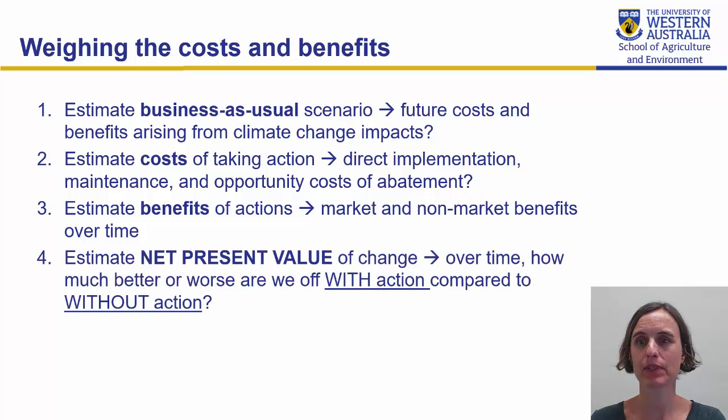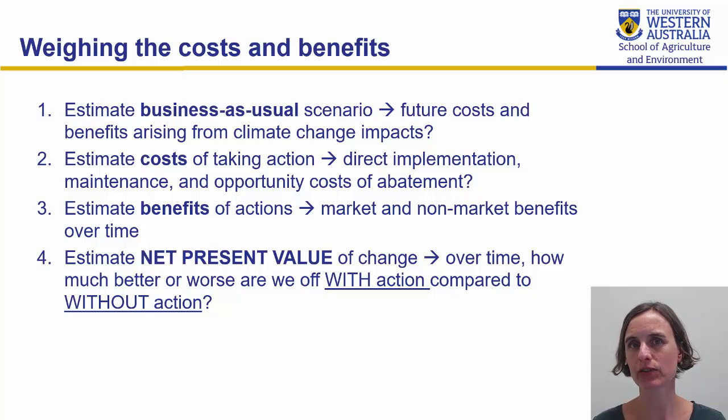The fourth step is a bit more difficult, and I'll explain it in more detail. What you do when you have all that cost and benefit information is compare the whole stream of cost and the whole stream of benefits over time.